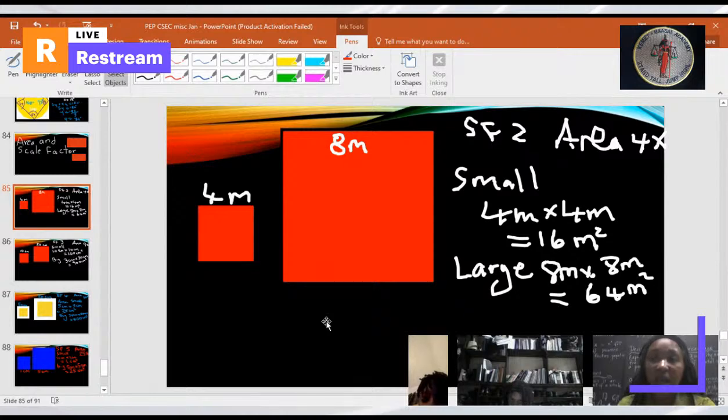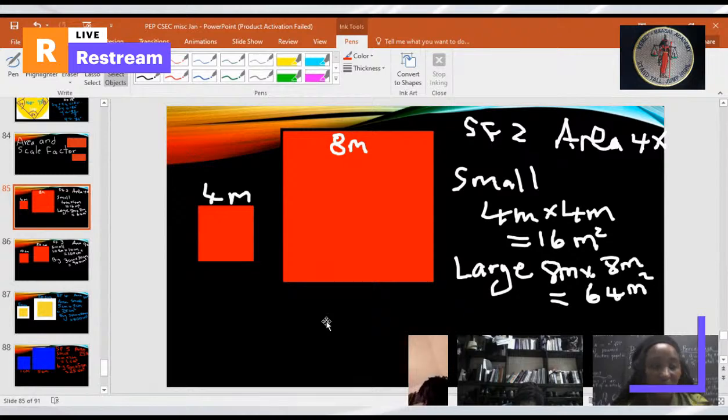Because I have seen several questions on the paper 1, the multiple choice, CSEC, that ask about scale factor and how many times bigger one object is than the other.